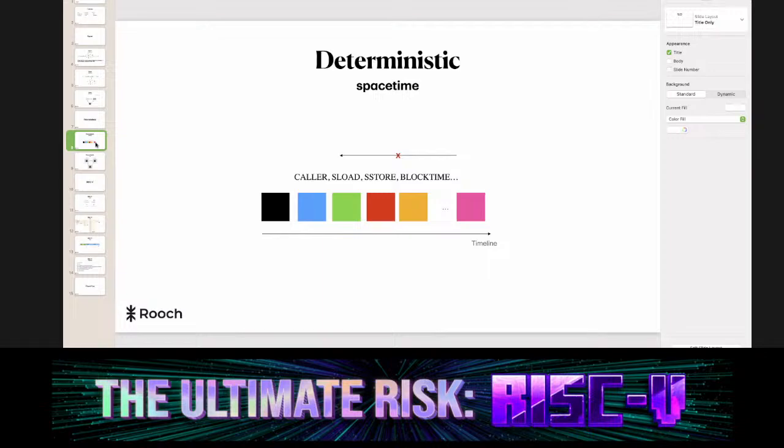So yes, teams have done a lot of work on it, but failed. Here I give the reason why it's so hard to build it with Solidity: the space-time limitation.